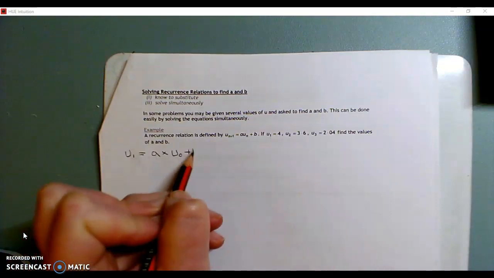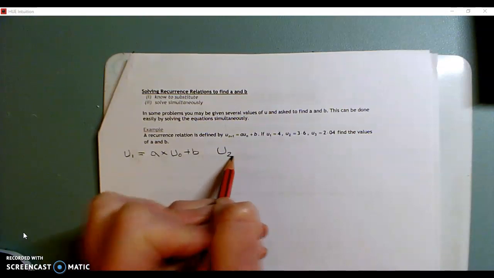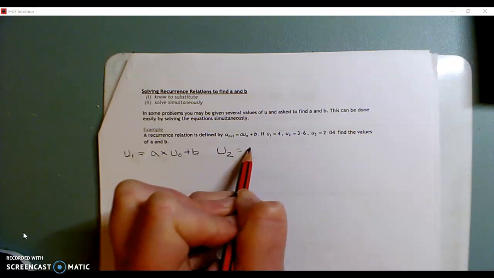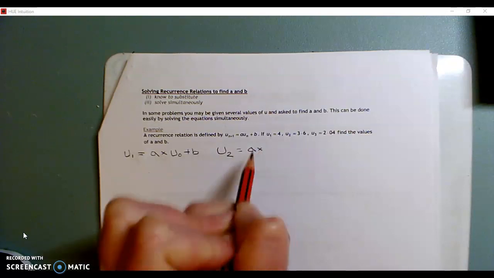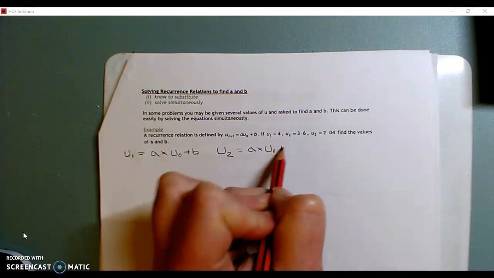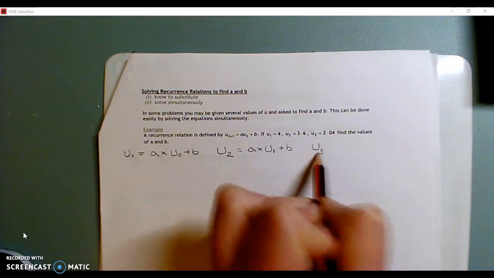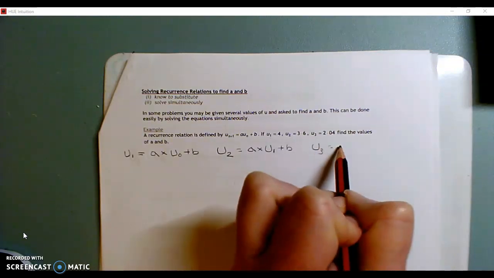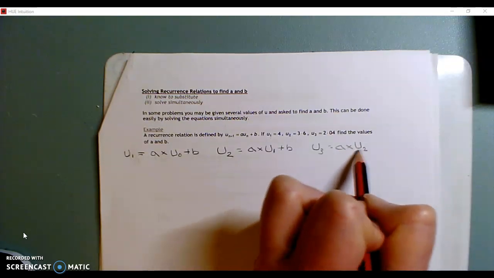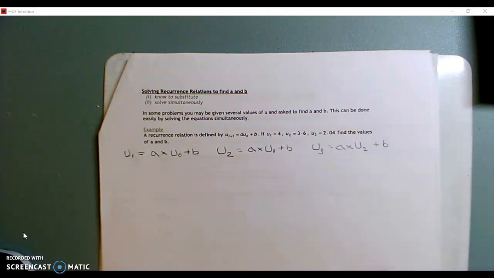Then we'd add on B. Then to get u2, the next term, we take our current term, u1, multiply it by A, and add on B. To get the third term, u3, we do the same thing. We take A and multiply it by our current term, u2, and add B. And we'd keep going.